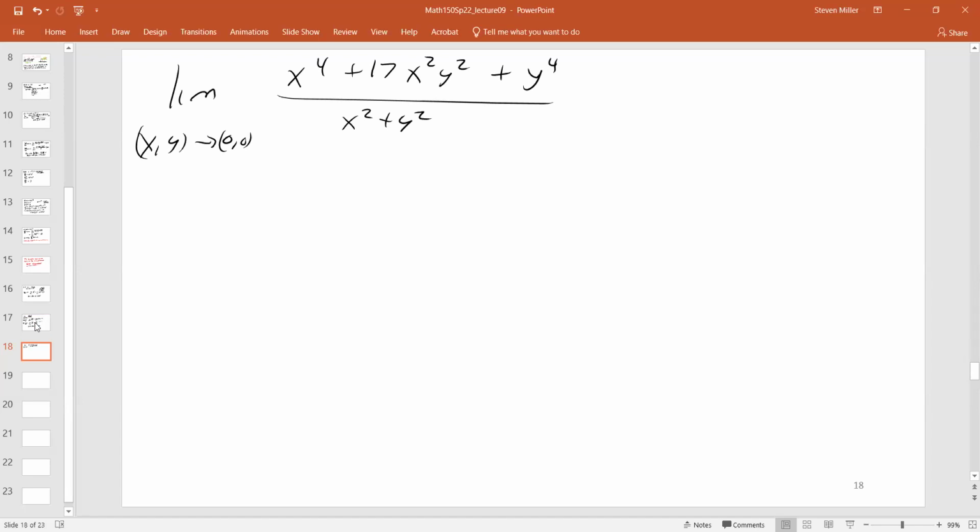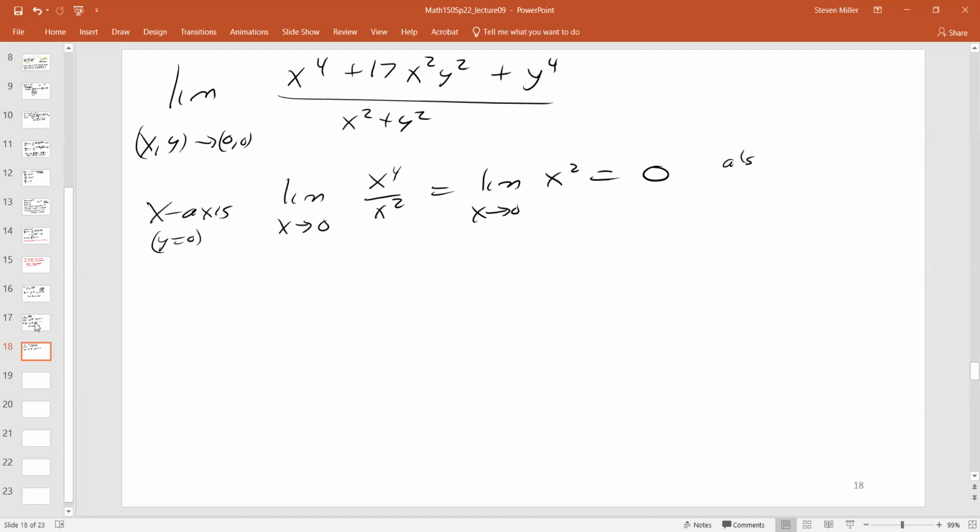What's a good path to take? If we do the x-axis, this is y equals 0, we would get the limit as x goes to 0 of x to the fourth over x squared, which is the limit as x goes to 0 of x squared, which is just 0.